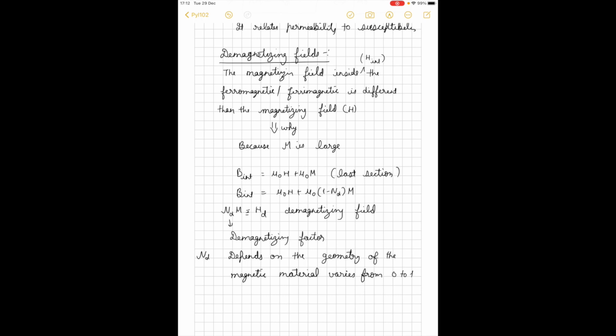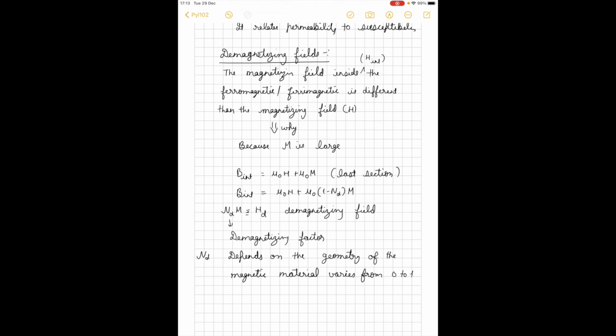Okay, so this is what a demagnetizing field is: because of the magnetization, the material inside feels a different magnetic field, H int, rather than just the H. One can quantify it using a factor Nd, which is from 0 to 1.